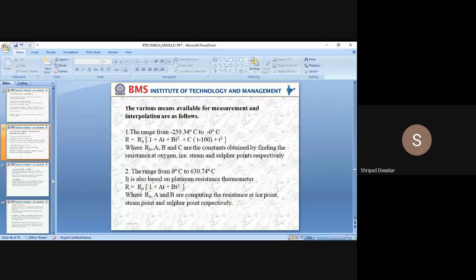So R naught, A, and B are constant values which are obtained by computing the resistance at ice point, steam point, and sulfur point respectively. I'll explain what is ice point, steam point, sulfur point, and oxygen point. We are taking these as standard points to find out the temperature of the given system between 0 degrees Celsius and 630.74 degrees Celsius.